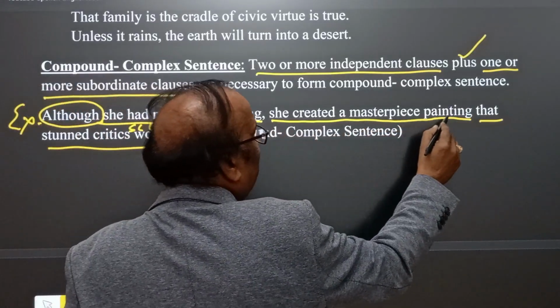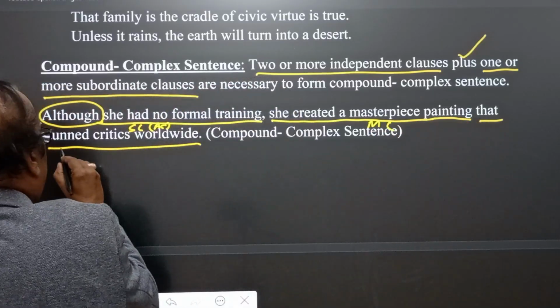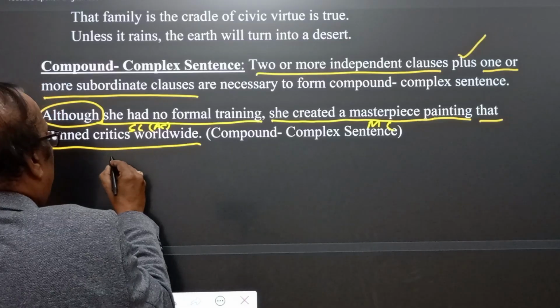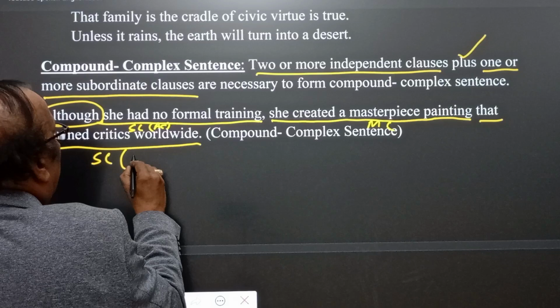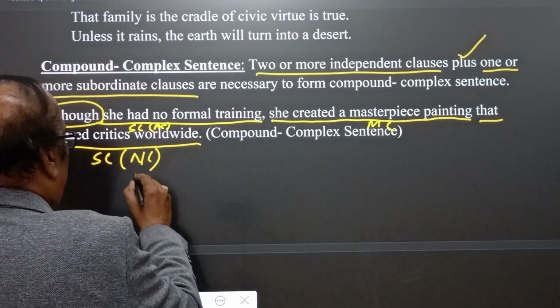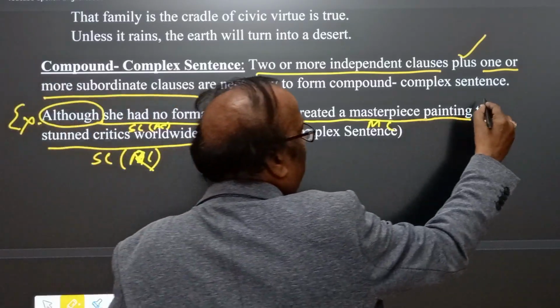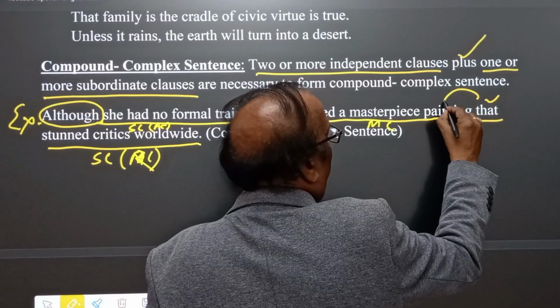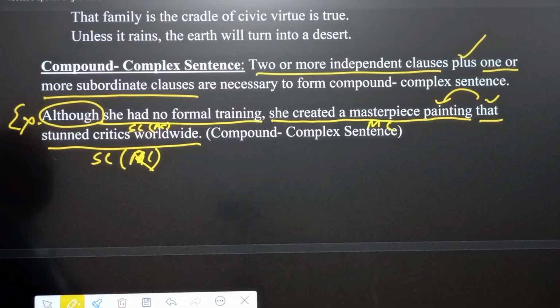Now see here the subordinate clause. "She created a masterpiece painting" is the main clause, and "that stunned critics worldwide" is also a subordinate clause. This is a relative clause, because here "that" relates to the masterpiece painting that stunned critics worldwide.